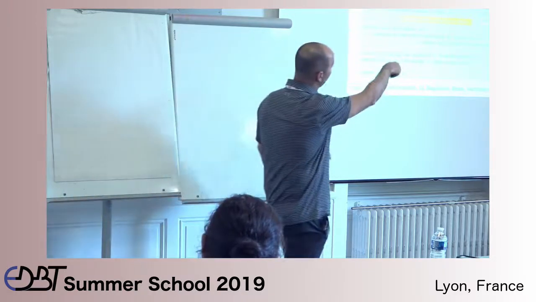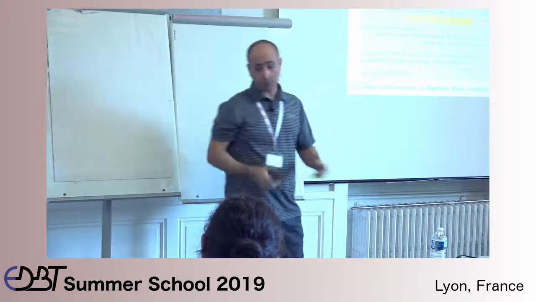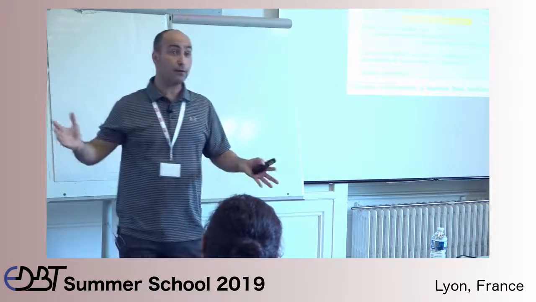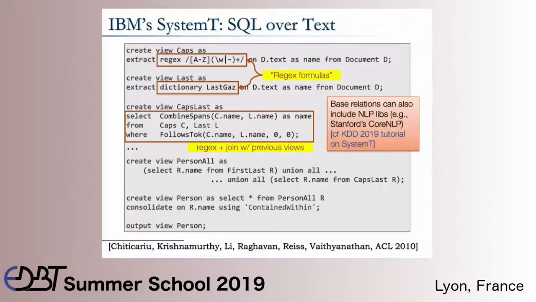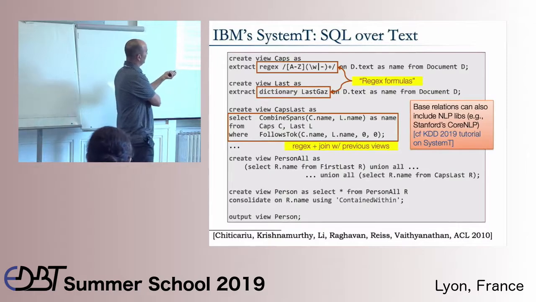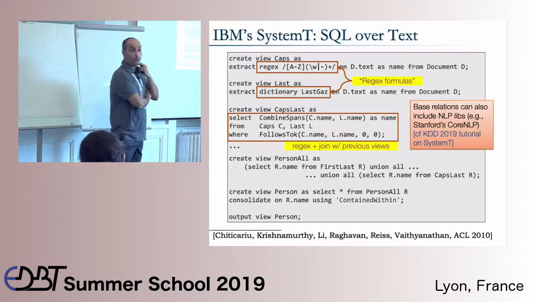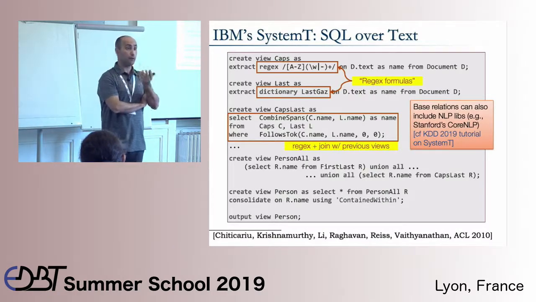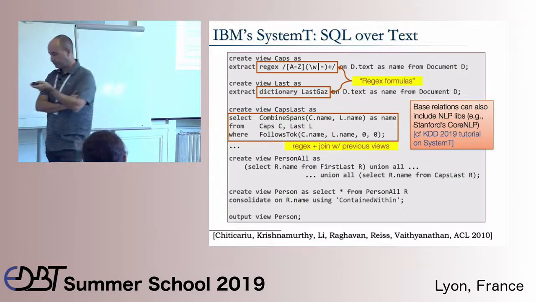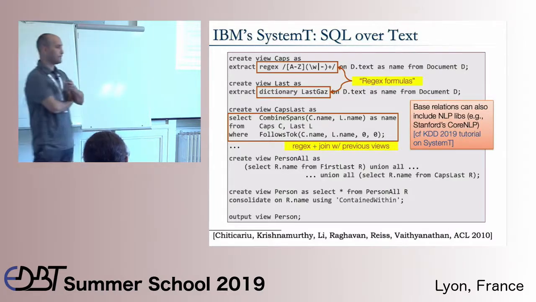You can also incorporate with these base relations some libraries of natural language processing, which was basically my engineering task at IBM, to incorporate NLP libraries into System T. But you can also read about it in this year's KDD tutorial on System T. They go deeper into how they incorporate semantic parsers and so on.